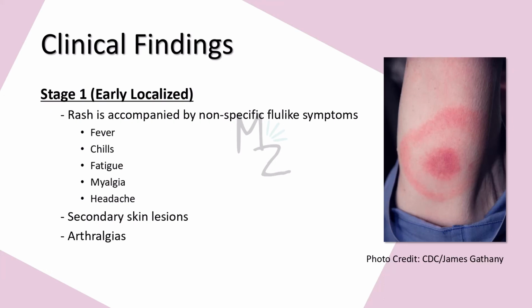Secondary skin lesions frequently occur. Arthralgias occur, not arthritis. Don't confuse it with arthritis; it is arthralgia. In approximately 25% of cases of Lyme disease, no rash is seen, either because the rash did not occur or because it occurred in an area of the body that is not easily visualized.